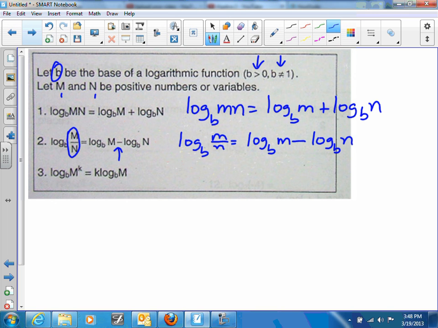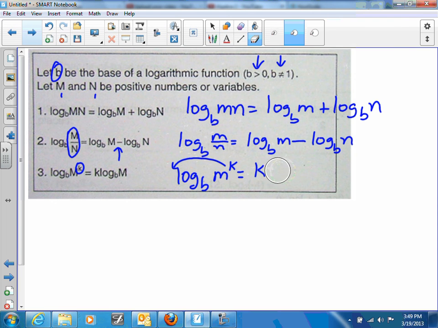And then finally, when you have it raised to a power, log base b of m to the k power, you can split it up. You can actually bring that k to the front. So k times log base b of m. Okay? So those are the first three rules that you're going to have to know.